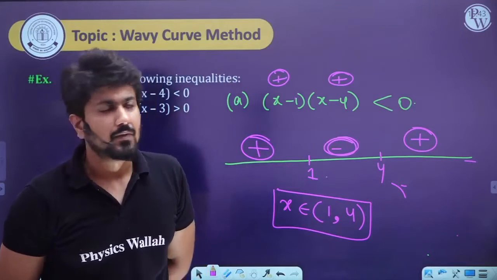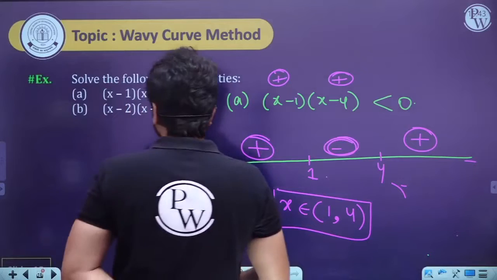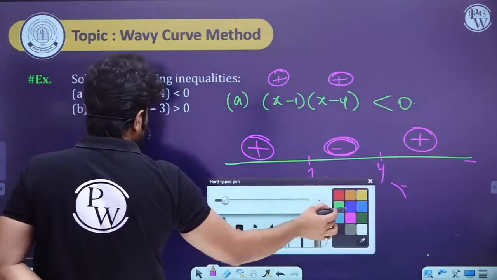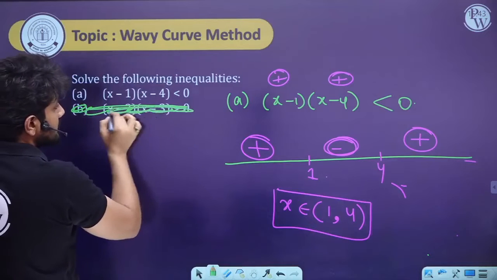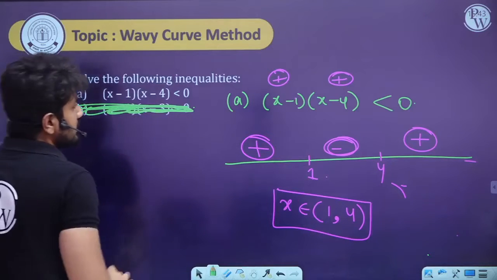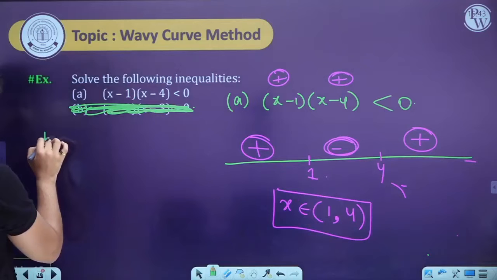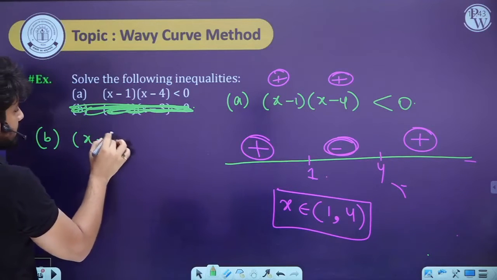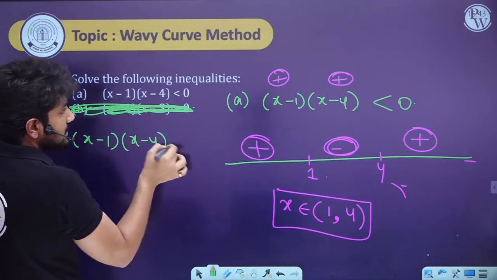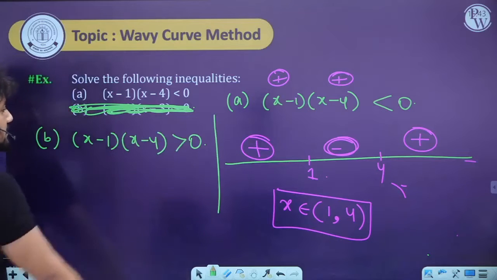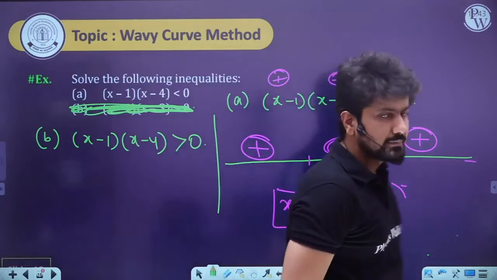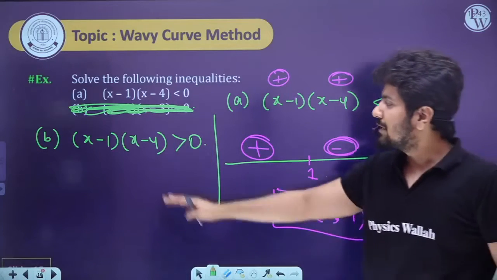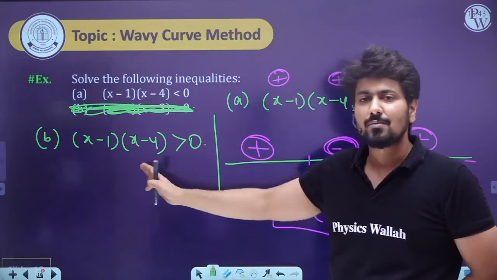Okay. Suppose they ask you this question. Let me delete this B part completely. Okay, we'll discuss that later. Let me ask you this question: x minus 1 multiplied by x minus 4 greater than 0. Suppose I ask you this question, then in this case, what will you comment? This time I'm looking for those values of x where their product is positive.